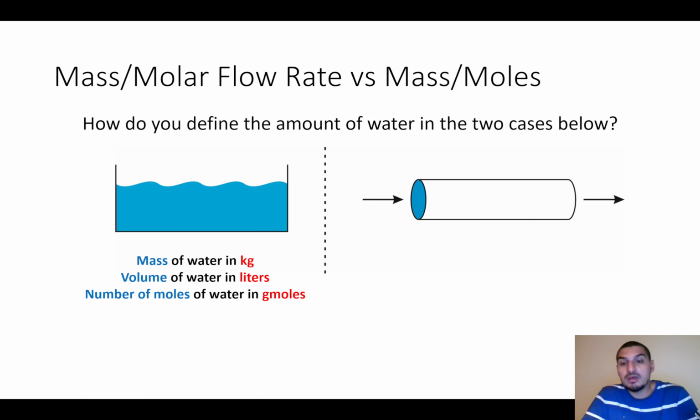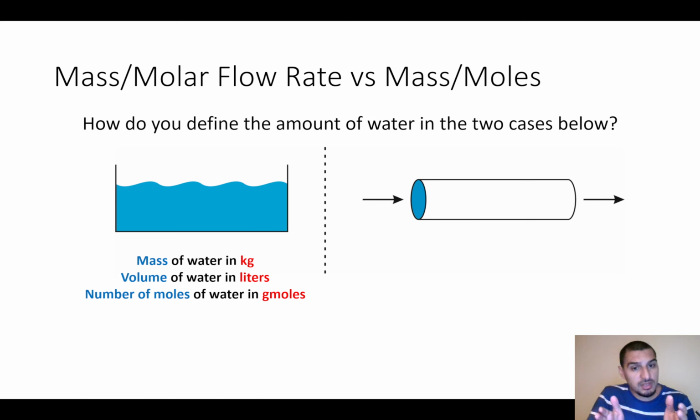The second case is a bit different in the sense that the amount of water that we have in the container was constant. It doesn't change. But in this case, we don't have a specific amount of water in the pipe.